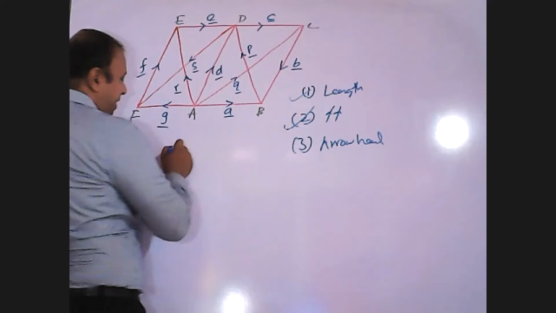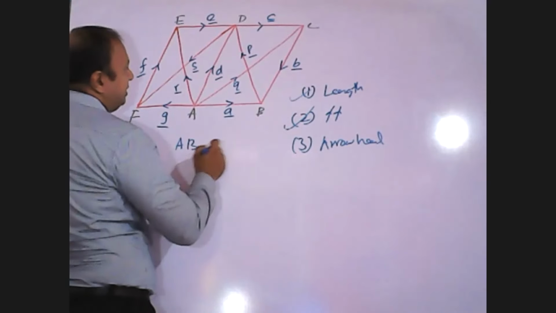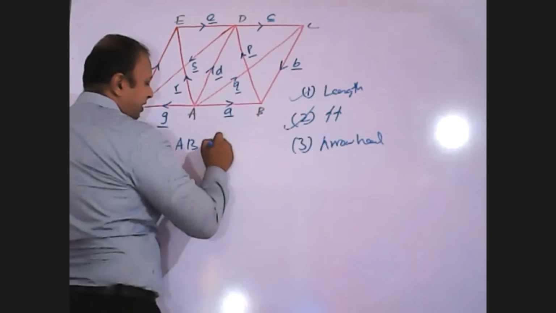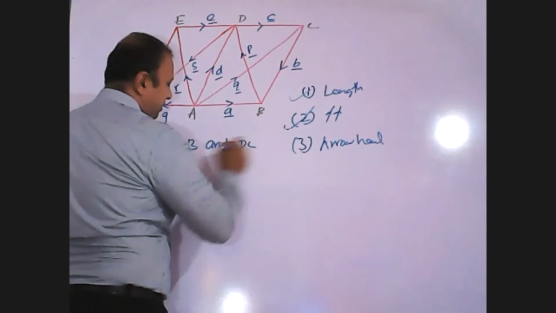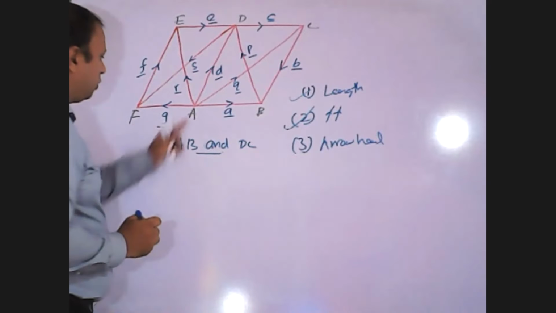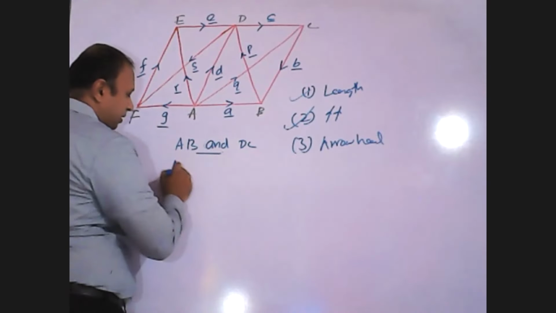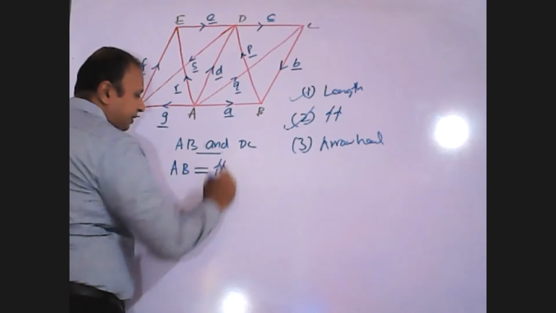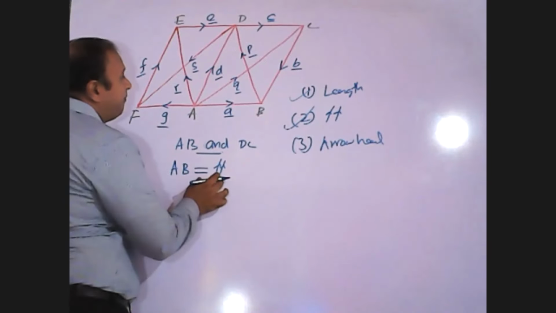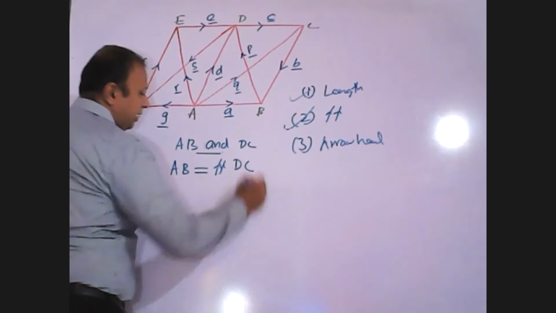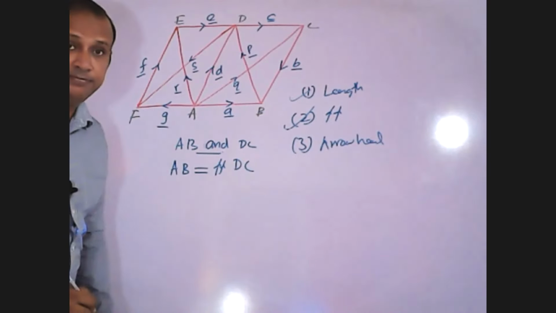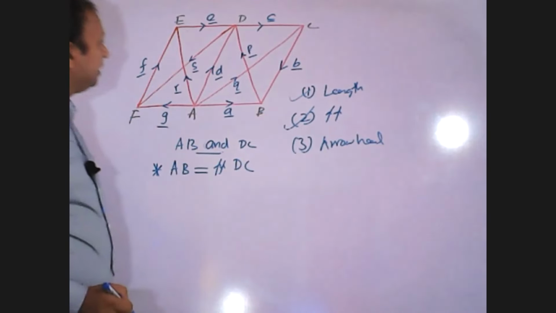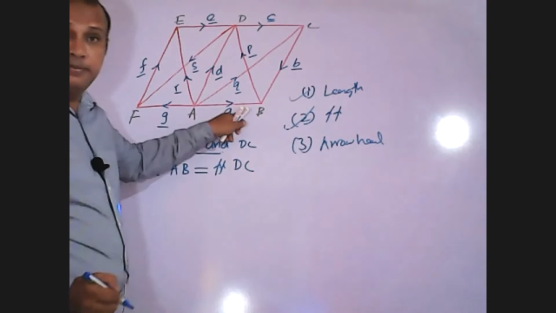So if I compare the AB vector and the DC vector, as this is a parallelogram, AB is equal and parallel to DC. You can write it at one time. The second thing, look at the arrowhead.